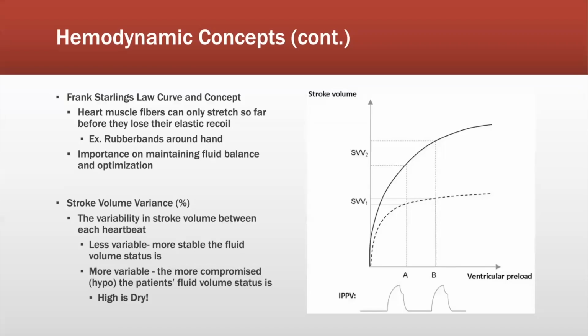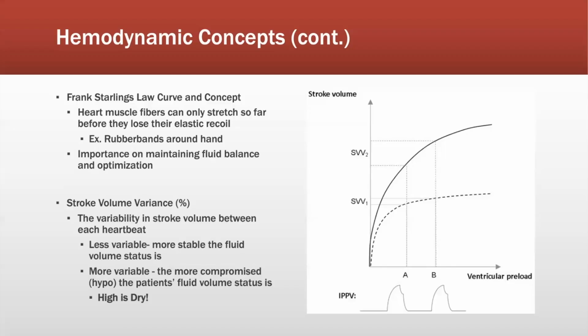Moving on to the next concept, this is our stroke volume variance. This is the amount of variability in the volume between each heartbeat. Normal stroke volume is usually anywhere from 60 to 100. I'm not talking about stroke volume variance now, but if your stroke volume is less than 60, this means your patient typically needs some more volume.